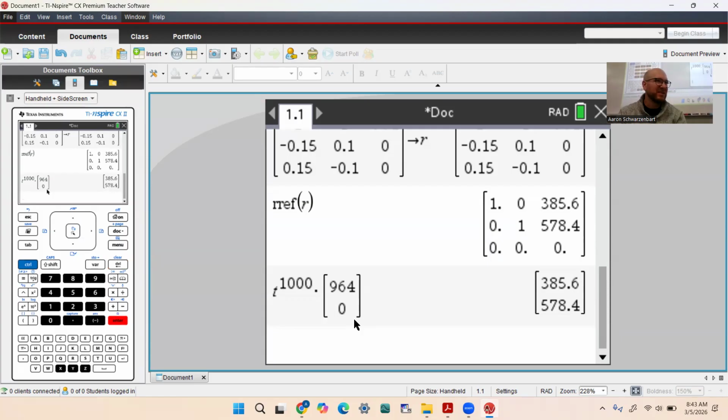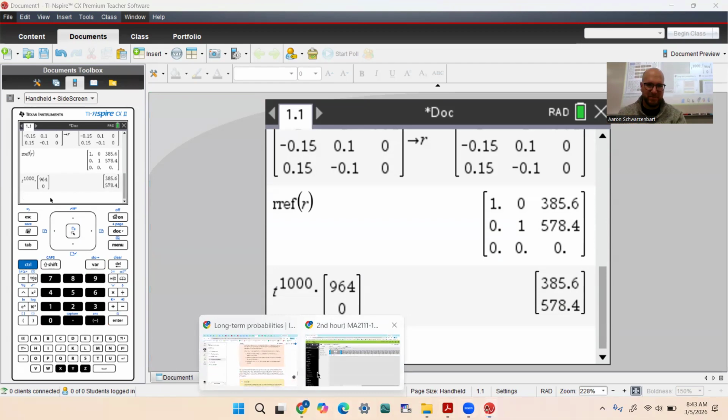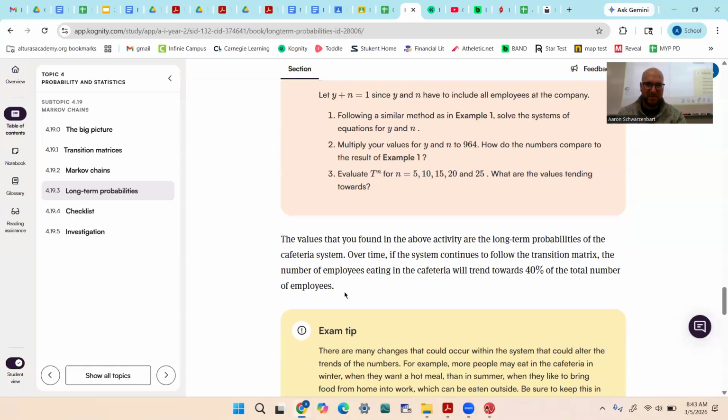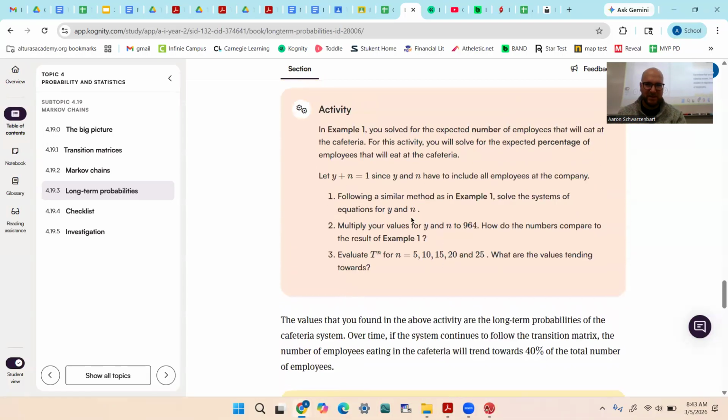That makes sense? Because ultimately it's transitioning there and then it just stays there. So they're essentially showing if you did this, it would happen. You'd be trending towards it with each one of these.